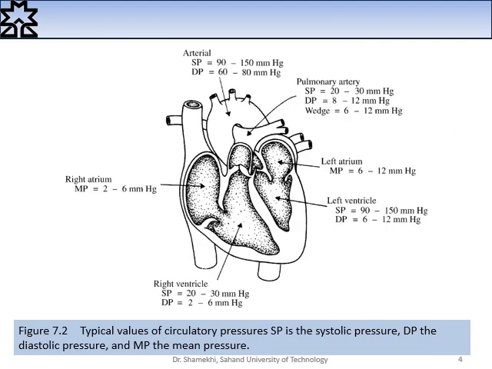In this slide, the normal range of blood pressure inside various chambers of a normal heart has been shown. This is only for your knowledge.